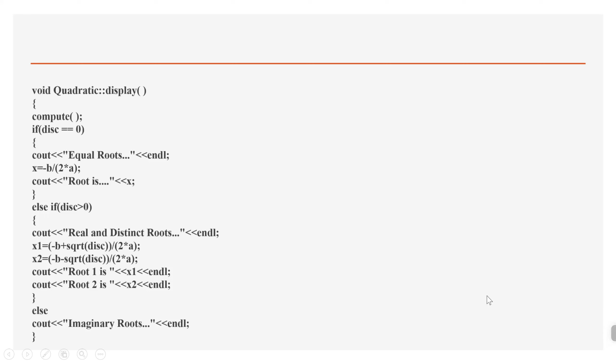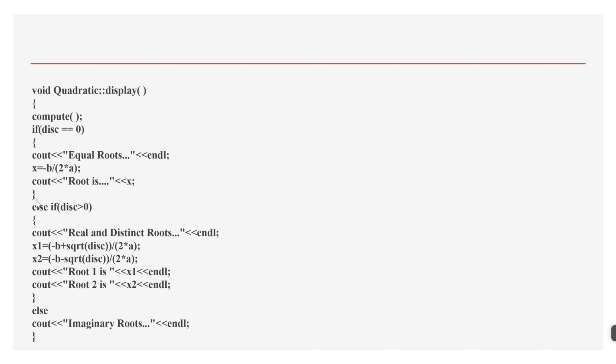Then I will check whether discriminant is equal to 0. If discriminant is equal to 0, then roots are equal, and my root is minus b by 2a. I'll display the root. Done.